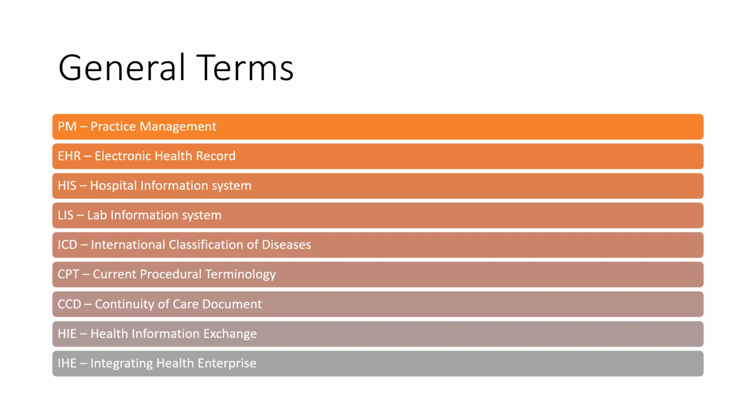And HIE is a concept called Health Information Exchange, which is used to exchange data between different hospitals. That is where CCDs and IHEs come into play. So we'll talk about these three aspects at the end of the training. So that's about a few general terms.